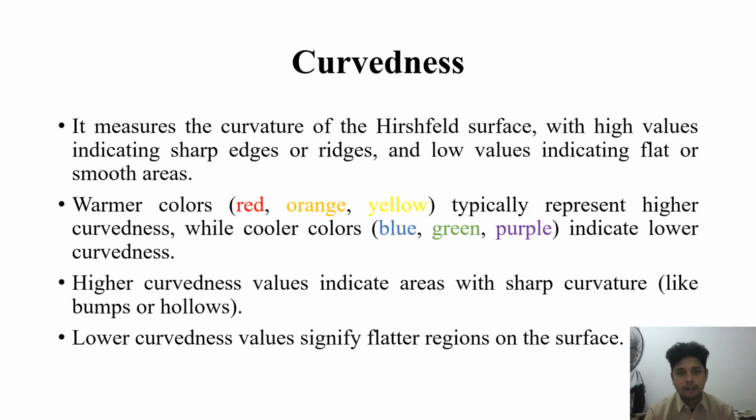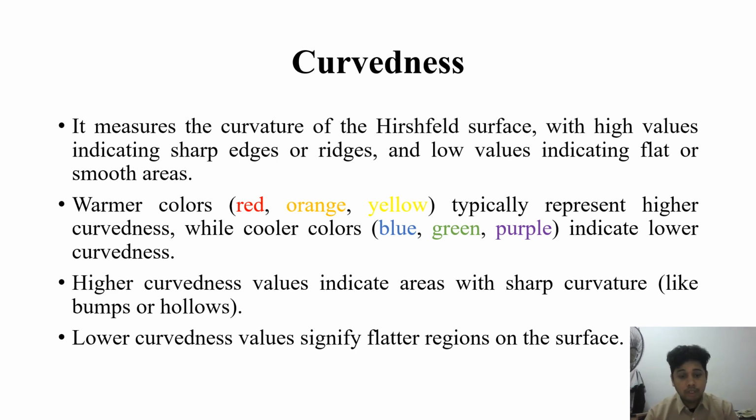And next, we compare the curvedness. It measures the curvature on the Hirschfeld surface, with high values indicating sharp edges or ridges and low values indicating flat or smooth areas. Warmer colors like red, orange, or yellow typically represent higher curvedness, while cooler colors like blue, green, purple indicate lower curvedness. Higher curvedness values indicate areas with sharp curvature like bumps or hollows.